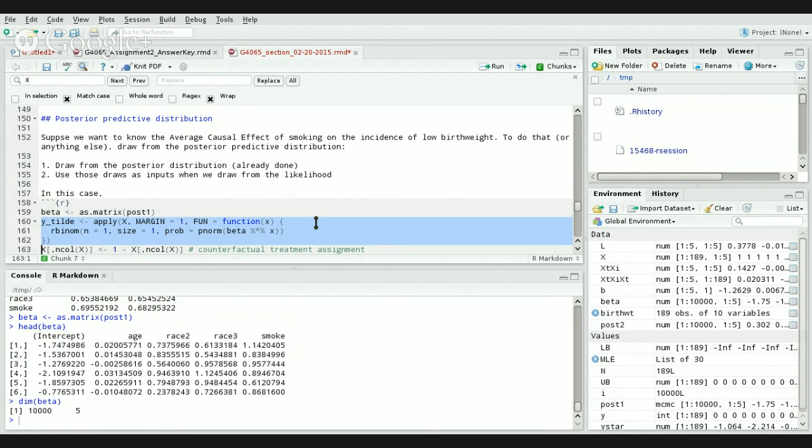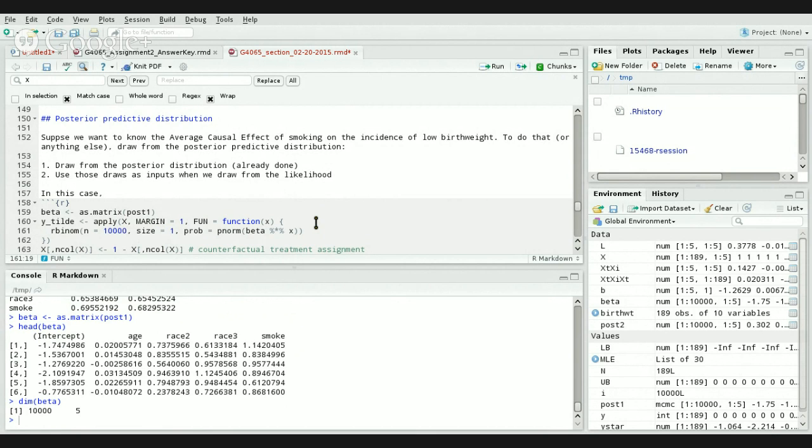And so that's going to give us a vector and we want to draw from a binomial distribution, just one draw per value of x. This should actually be 10,000. Yes, it should be 10,000.